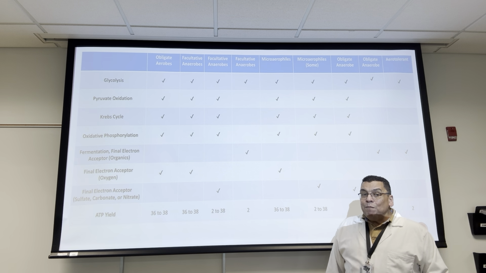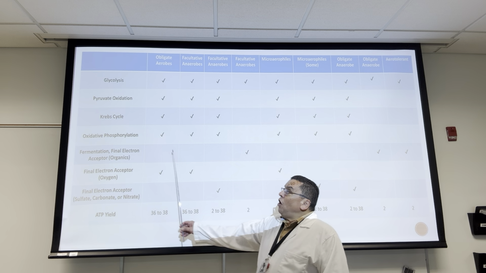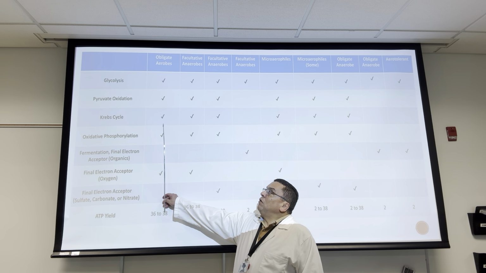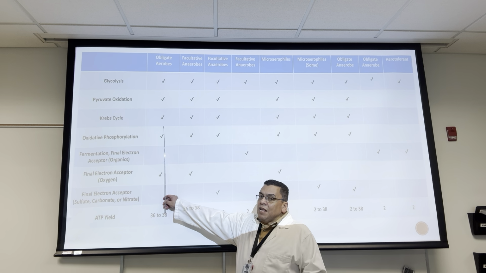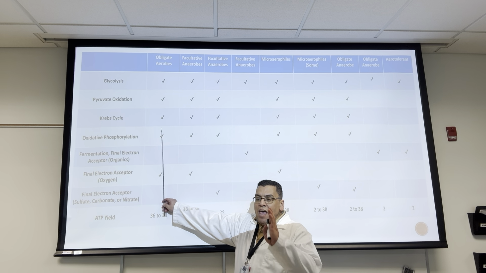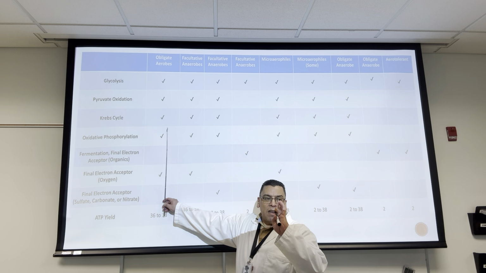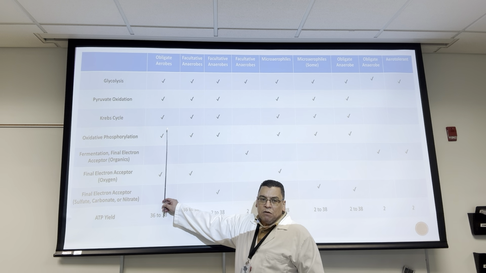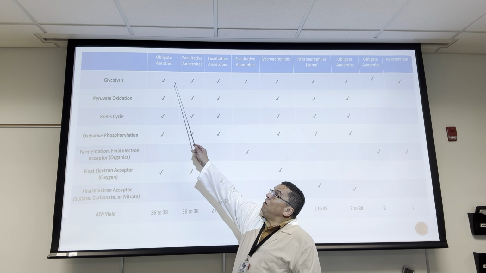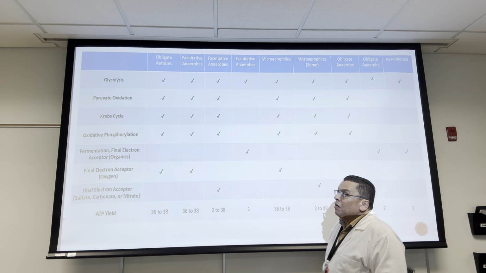Now, if you're an obligate aerobe, like some bacteria are, you can only do aerobic cellular respiration. That's what obligate aerobe means. I must have oxygen. Why? Because I can't do anything other than aerobic cellular respiration. So if you look up here, the obligate aerobes only do aerobic cellular respiration.